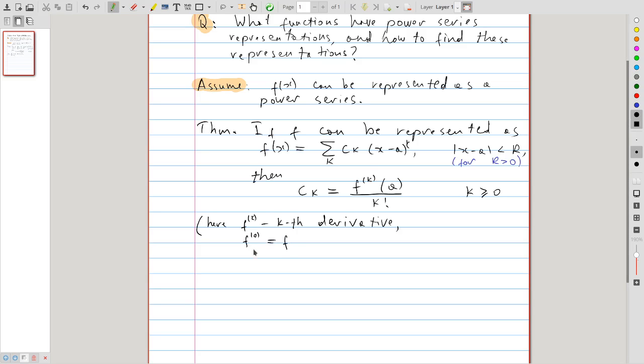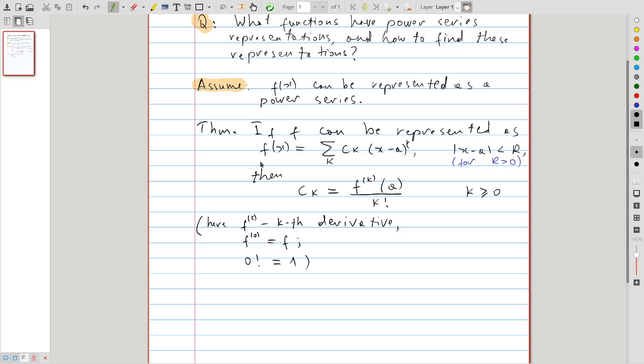So the 0th derivative of a function is the function itself. Furthermore, 0 factorial denotes 1. So this is what regards the notation in this expression.